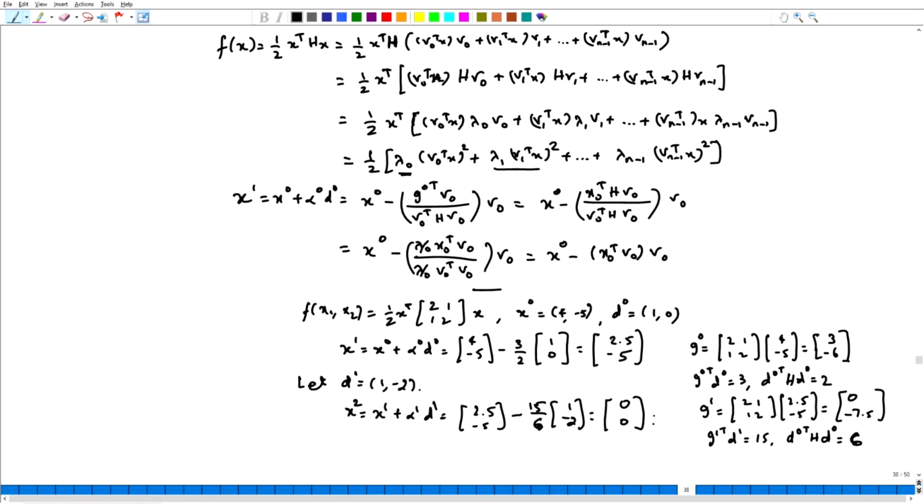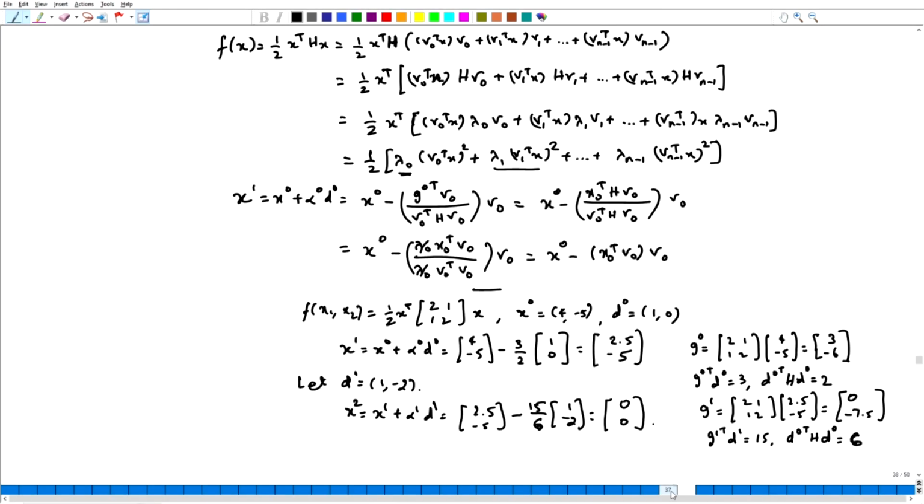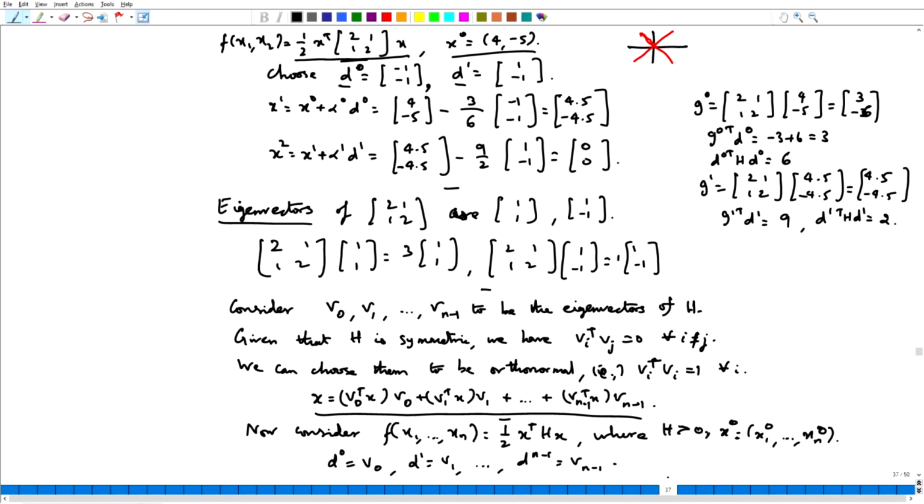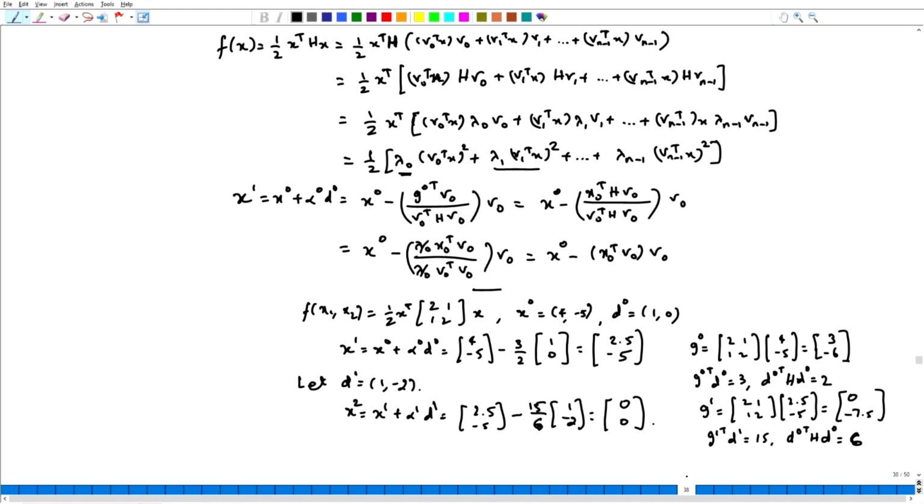So, you can see that I used D0 equal to (1, 0) and D1 equal to (1, -2), which is very different from what we had here, right? So we had minus 1 and 1, minus 1. If you compare that, what we had here, D0 is (1, 0) and D1 is (1, -2).